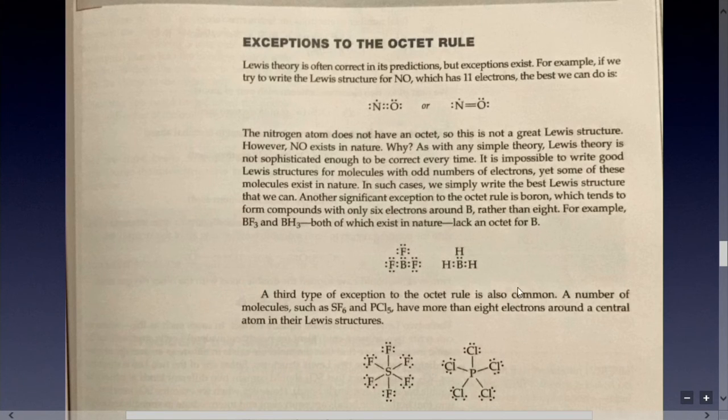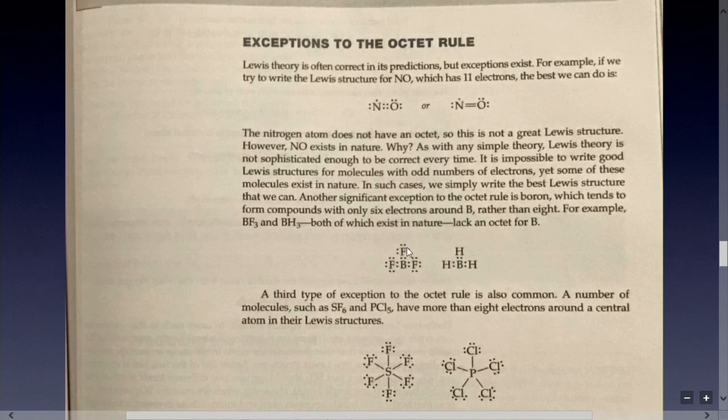So another exception to the octet rule would be boron. Boron can typically be happy with only 6 rather than 8. So boron trifluoride and boron trihydride is how you would say that, because those are both nonmetals, so I need to use prefixes.